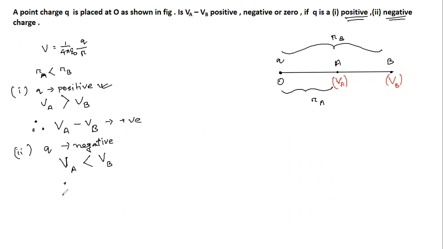Therefore, VA minus VB will be a negative value. In this way, you have to solve such questions. You have to see the sign of the charge, and based on it, determine whether the potential at a particular point is greater than the other potential or not. Based on that only, you will be able to find the potential difference.